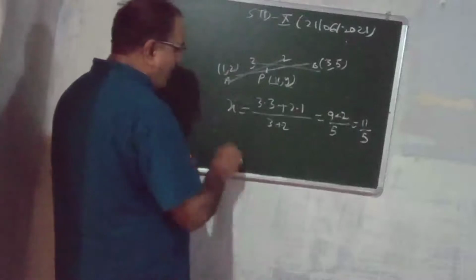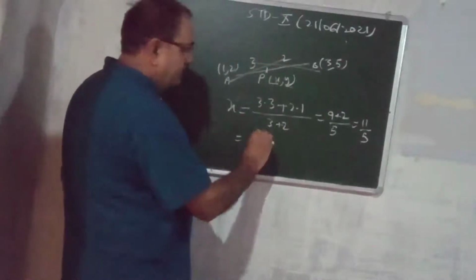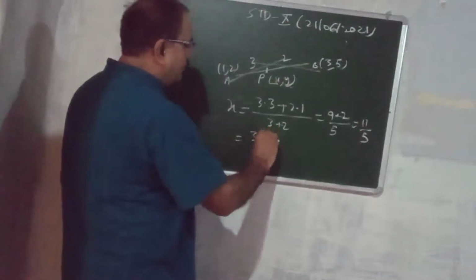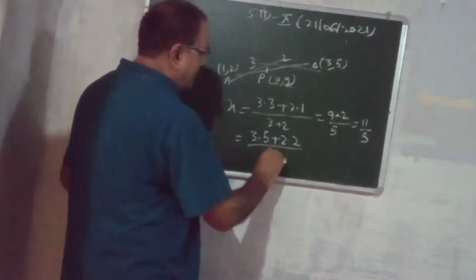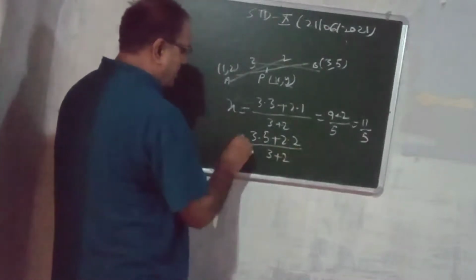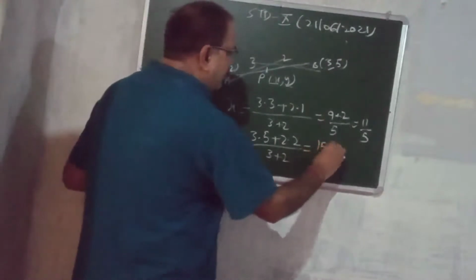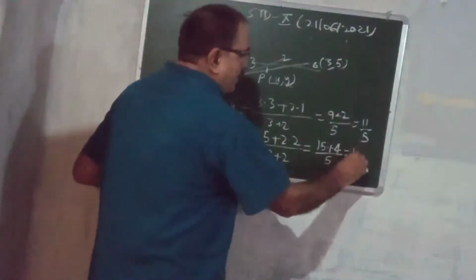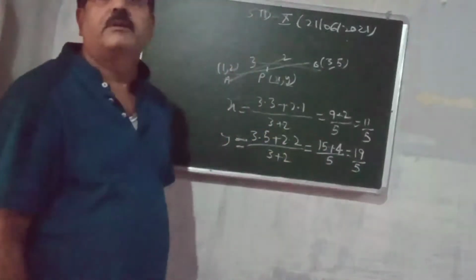Y coordinate: 3 into 5 plus 2 into 2 by the sum of the ratio 3 plus 2. This is 15 plus 4 by 5, that is 19 by 5. This will give the y coordinate.